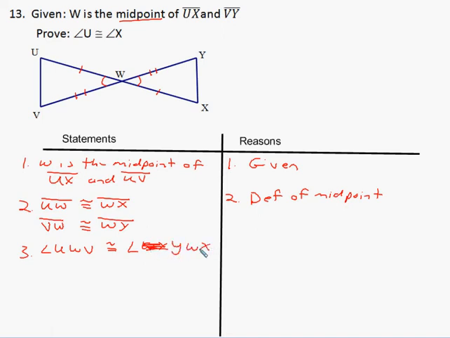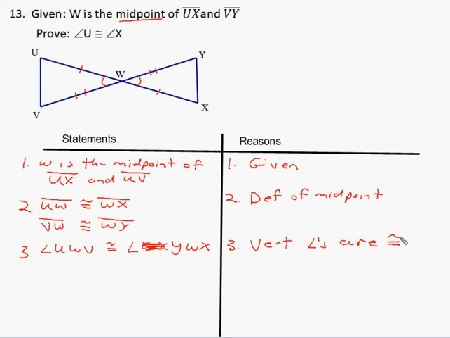And we have those marked congruent. That's because vertical angles are congruent. So now we can state that these triangles are congruent.